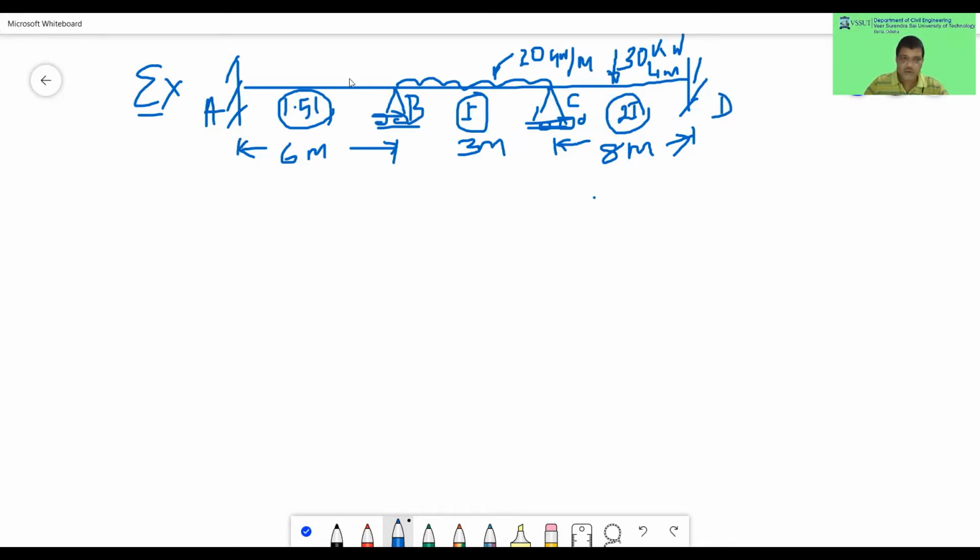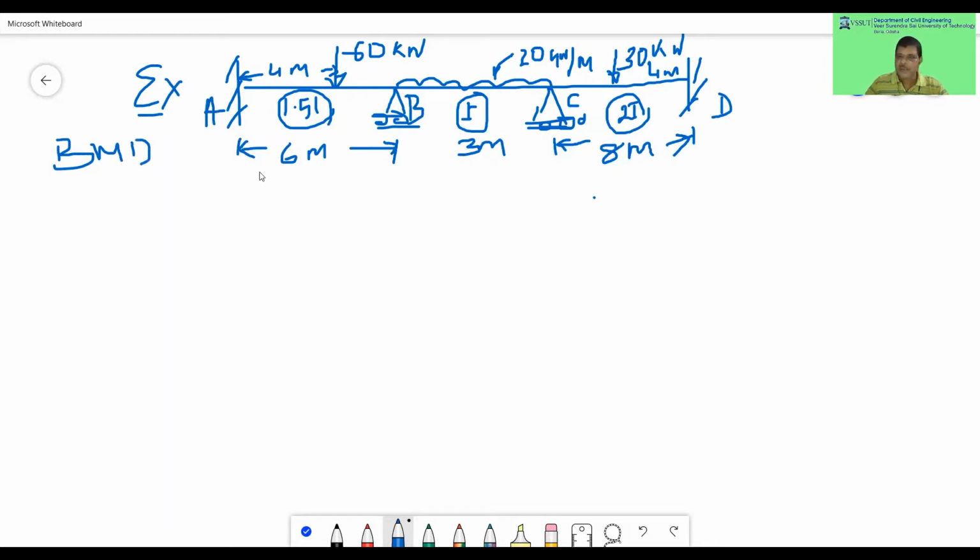There is also another load here at a distance of 4 meter, from here to here is 4 meter, so it is not at the center, and this is 60 kilonewton. So we have to draw the bending moment diagram.